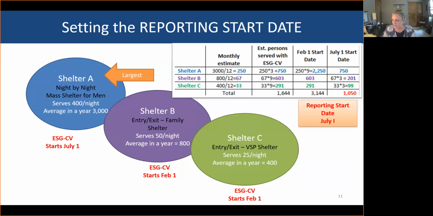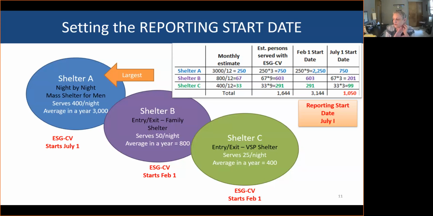So remember, all the shelters are going to go in their own bundle, and they need to be started together. After the initial period, if you have shelters that started late or ended early, then the date ranges on those particular shelters will change and will show you different bundles.